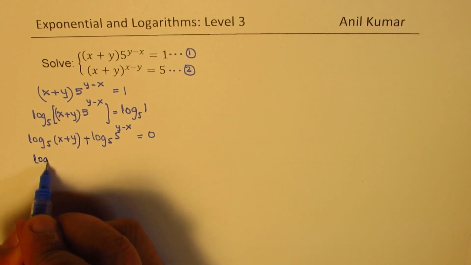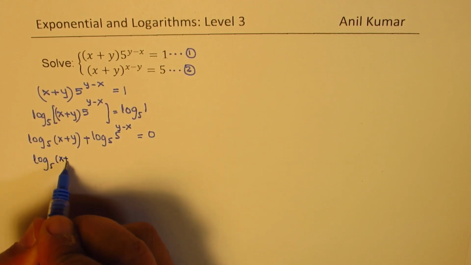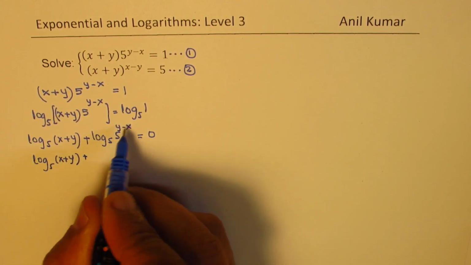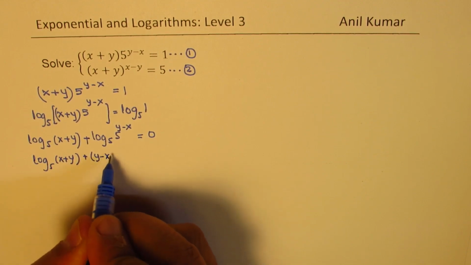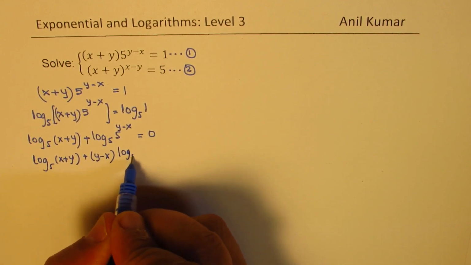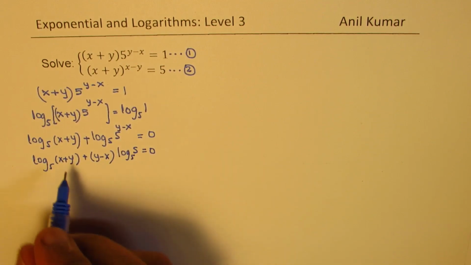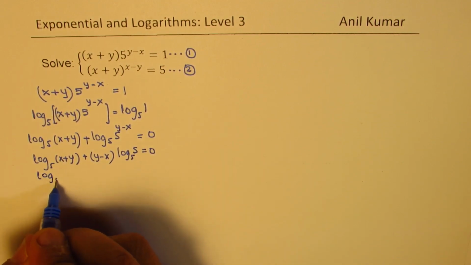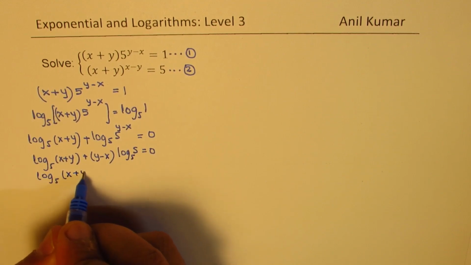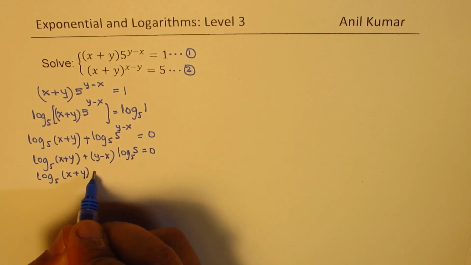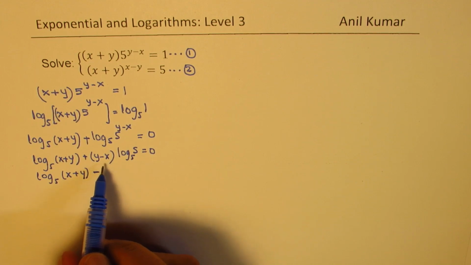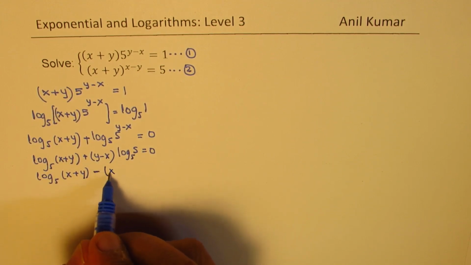Now log to the base 5 of 5 to the power of y minus x is y minus x. So we could write this as log to the base 5 of (x plus y). Let me add one more step. Let me write this as y minus x times log to the base 5 of 5 equals 0. Right. Now that is 1. So we get log to the base 5 of (x plus y) plus, we can write this as minus of (x minus y).